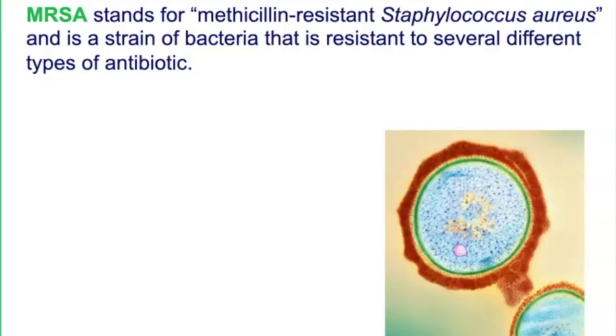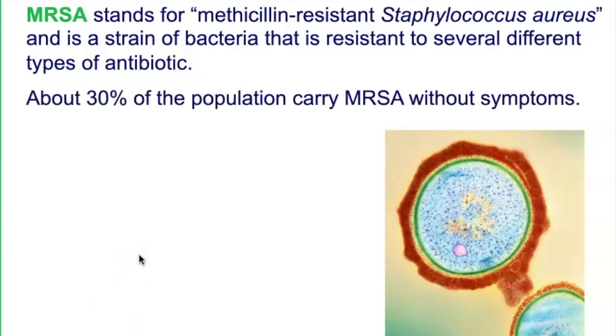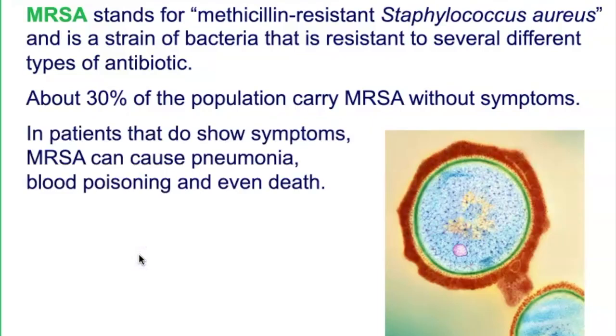Staphylococcus aureus can cause boils, abscesses, and wound infections. MRSA is of serious concern in hospitals and has caused dangerous outbreaks, particularly in geriatric wards. Its spread may be very hard to control. About 30% of the population carry MRSA without symptoms.